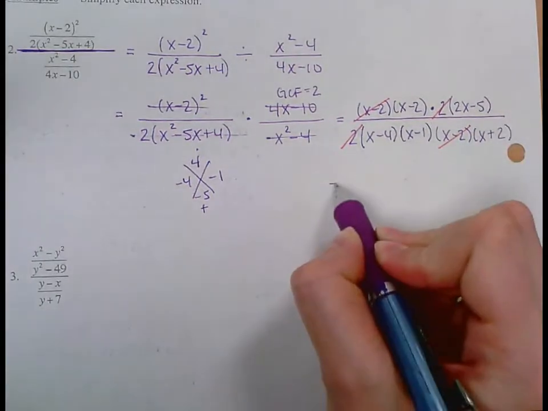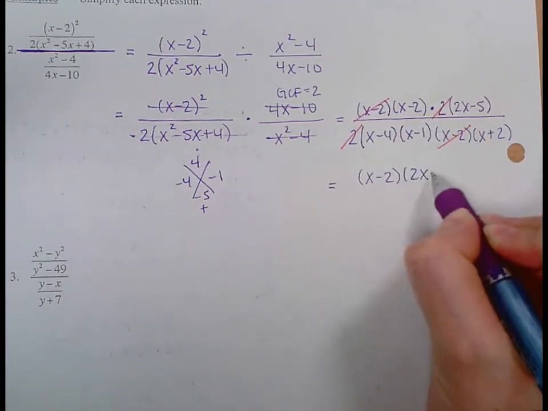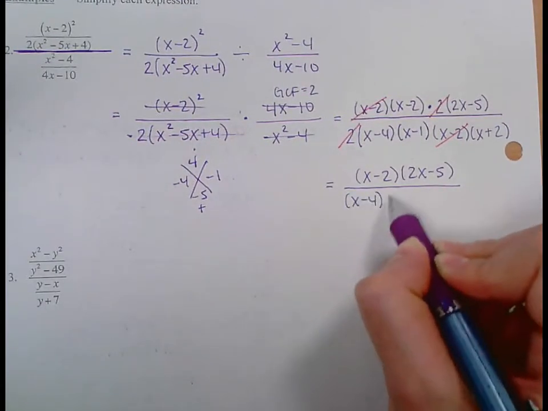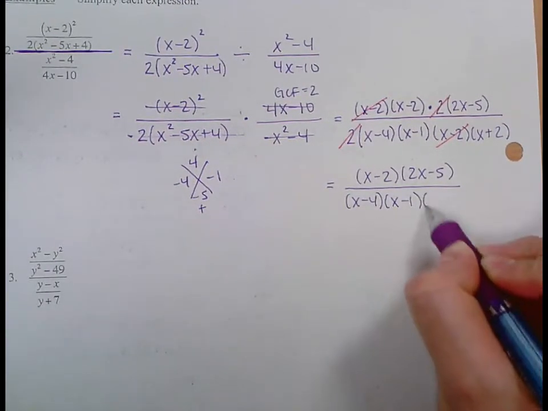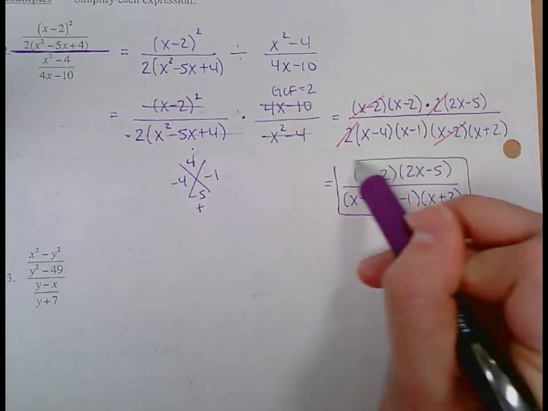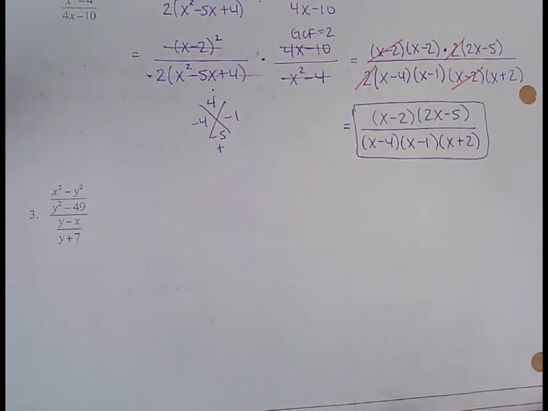So the final simplified result would be x minus 2 times 2x minus 5 on the top over x minus 4 times x minus 1 times x plus 2 on the bottom. And that would be fully simplified.